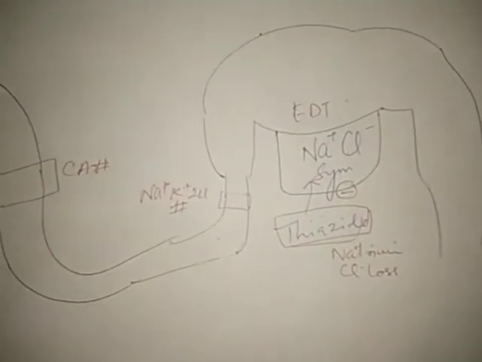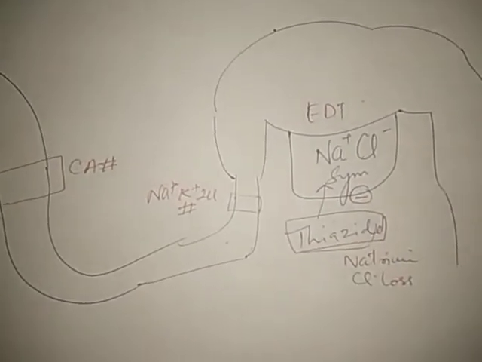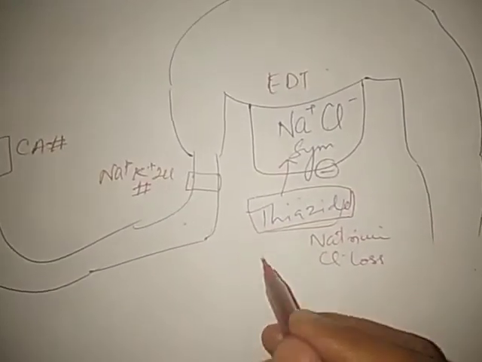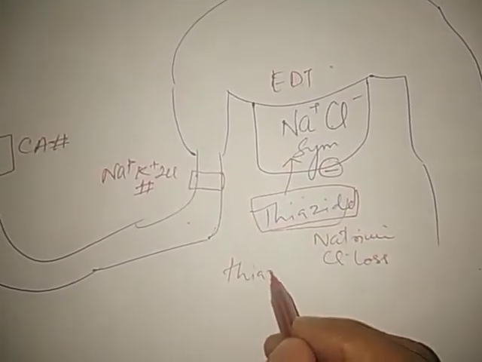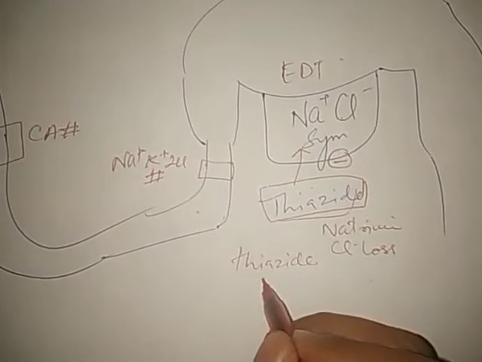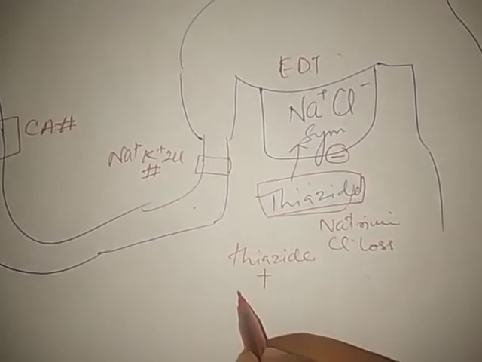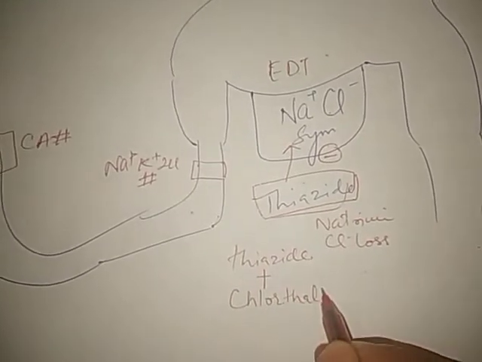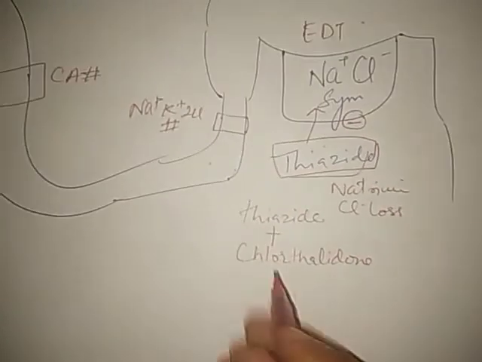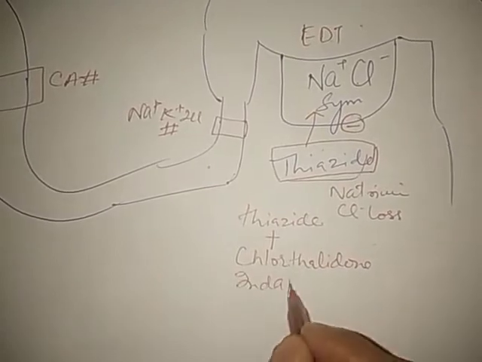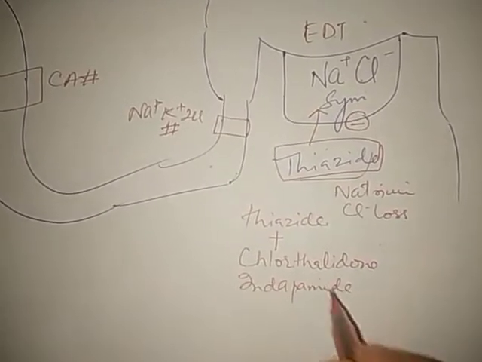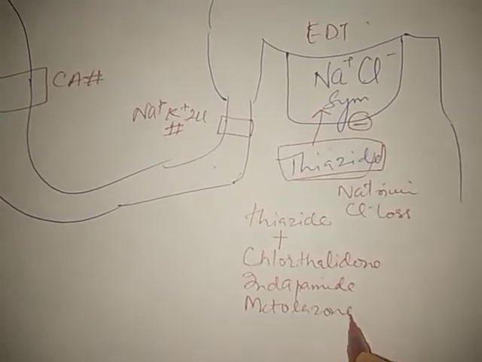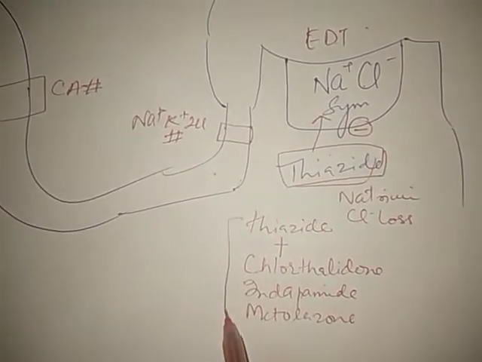The various drugs in this group, you can remember anything that is ending with thiazide, plus there are other drugs like chlorthalidone, indapamide, and metolazone. These are the thiazide group of drugs.